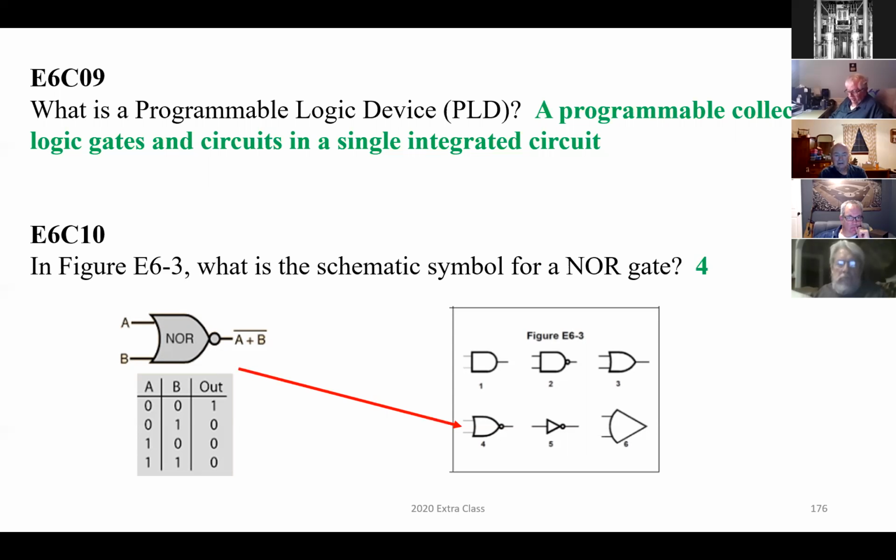In figure E6-3, what is the schematic symbol for a NOR gate? It's going to be D, number 4. Same thing here. It's got that negation circle on it. Number 3 is an OR gate, so the little circle in front of it makes it into a NOR.